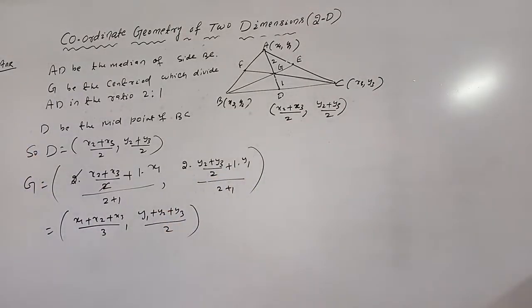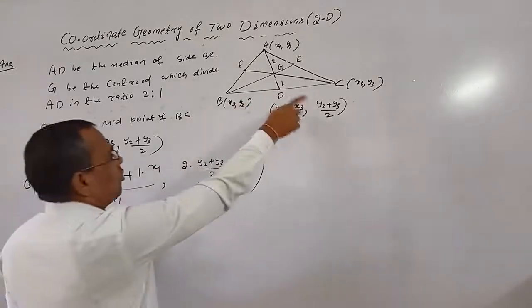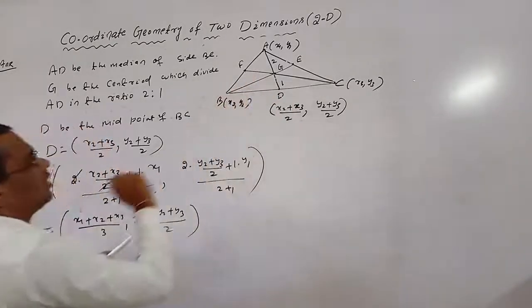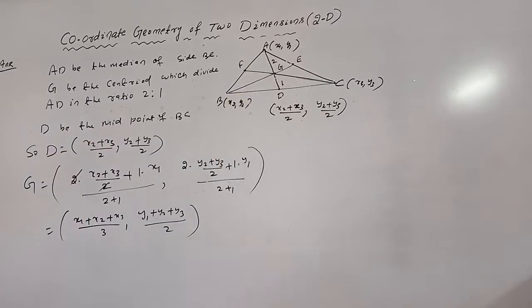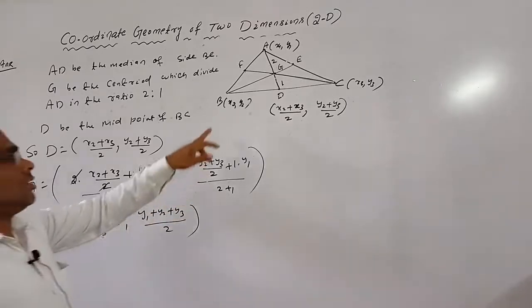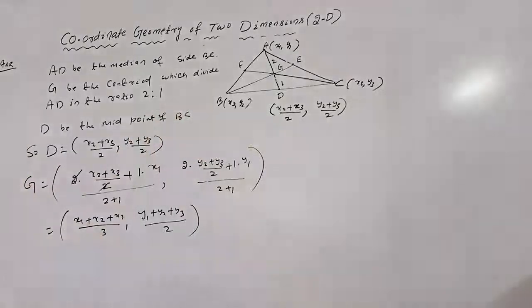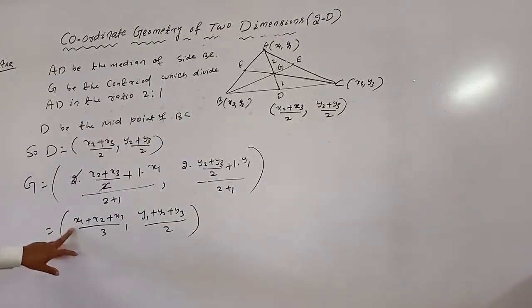You can take any median, either BE or CF, using this relation: G divides each median in the ratio 2:1. So using the division formula we find the coordinate of the centroid. The centroid of the triangle whose vertices are x1, y1, x2, y2 and x3, y3 is (x1 plus x2 plus x3) by 3, (y1 plus y2 plus y3) by 3.